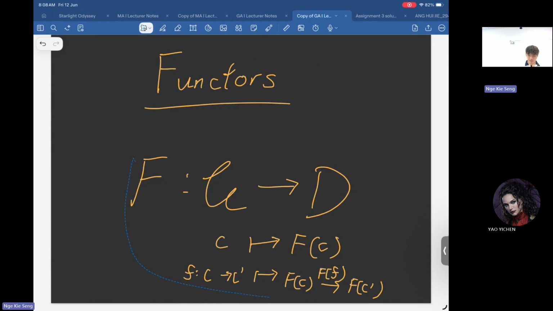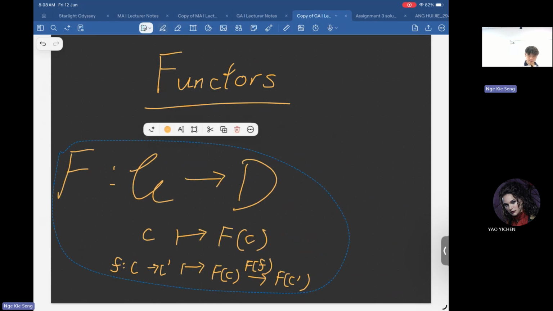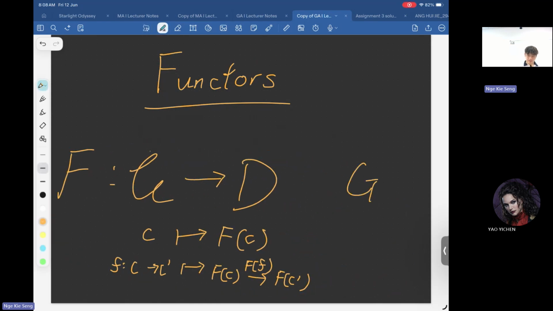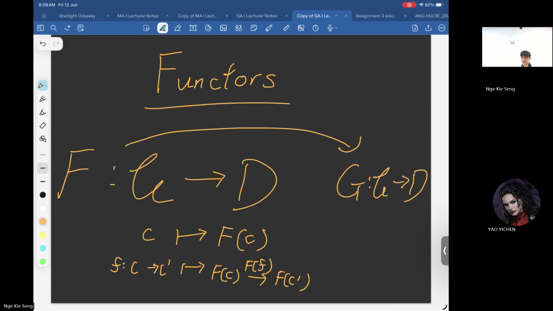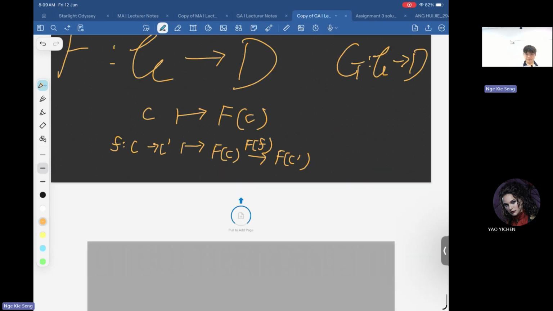So today we're going to talk about natural transformations, where you want to map between functors. So this functor should go from the same source category to the target category.